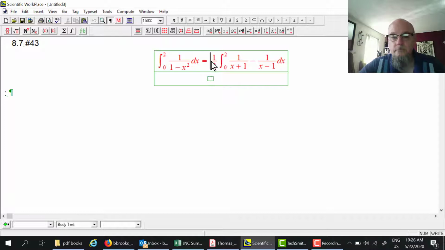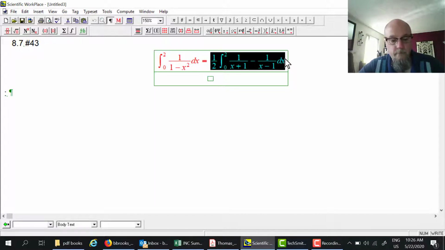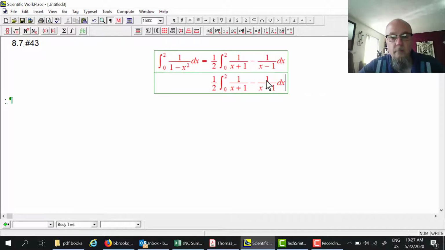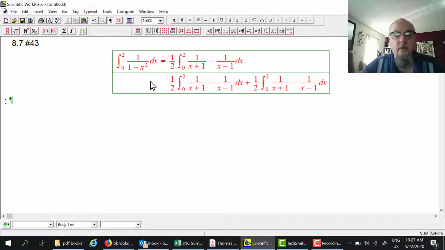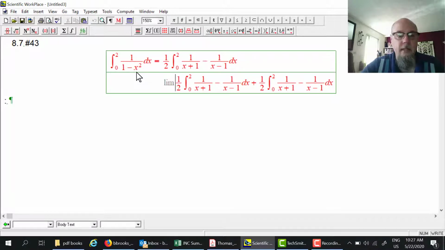So I need to break this up into two pieces. I need before 1, so I'm going to have the limit as a approaches 1, so I'm going to put an a here, but we're going from 0 to 1, so we're always below 1.